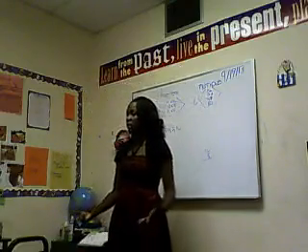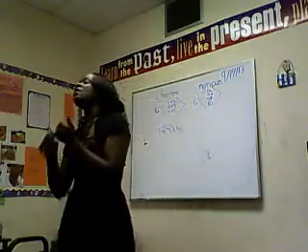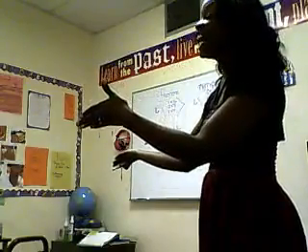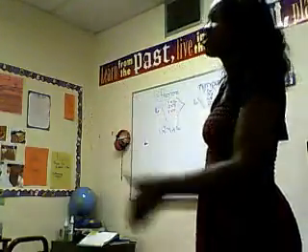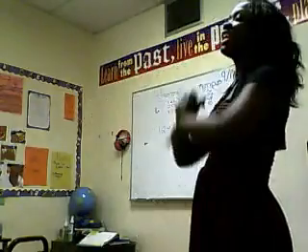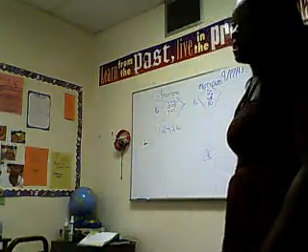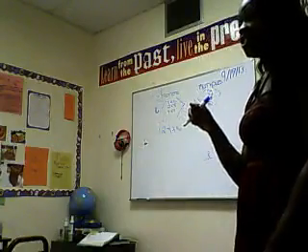Those are factors as well. Multiples of 16 are 16 times another number. Any other number times 16 is a multiple of 16. I can do 16 times 100 and get the answer.